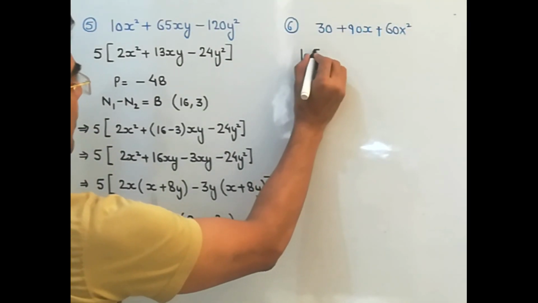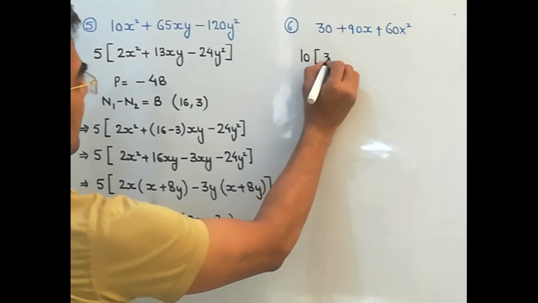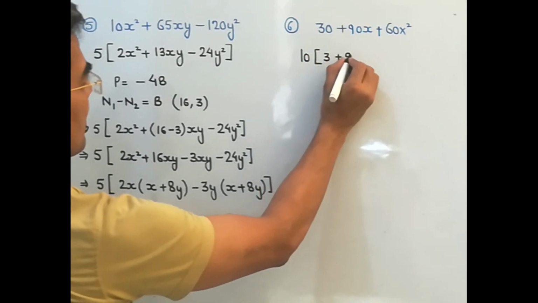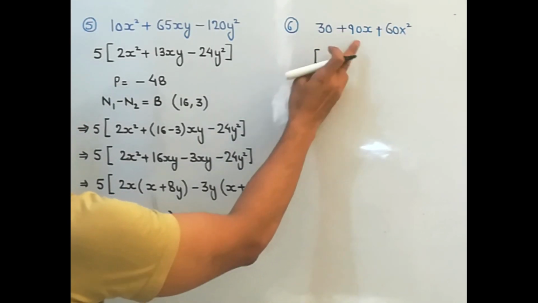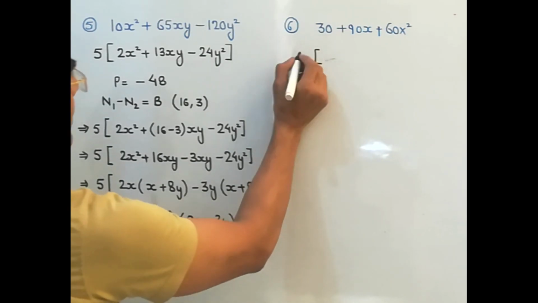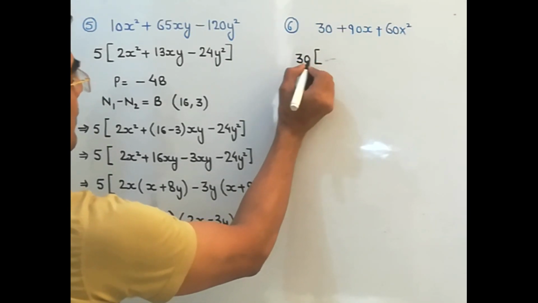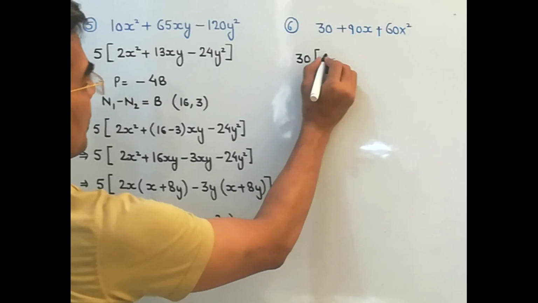If you take 10 common, you are left with 3 plus, we can take 10 and 30 common. So you are left with 1 here.